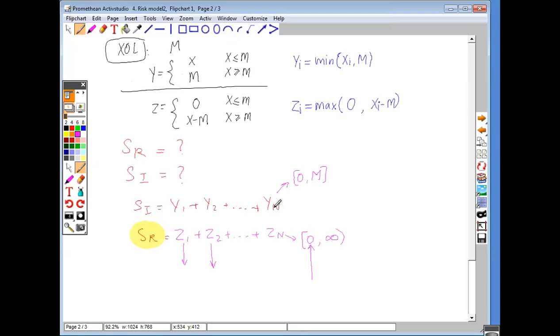You have n number of claims which you have observed, and so you have n number of Zs for the reinsurance company as well. But we know that some of these Zs are going to be 0, where the X is just less than or equal to M. So the insurance company might not always know about those claims.